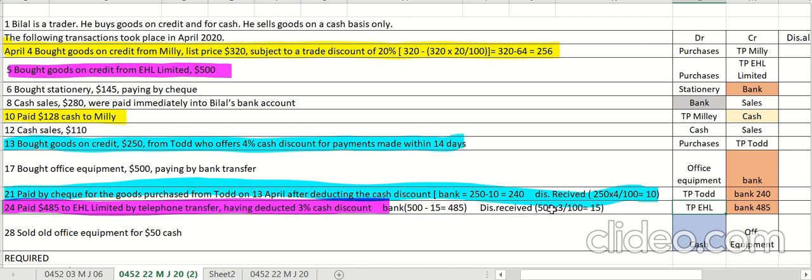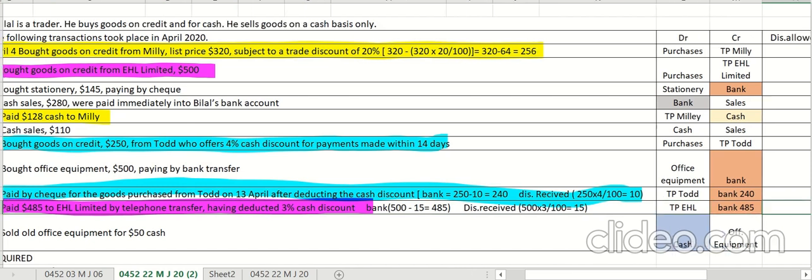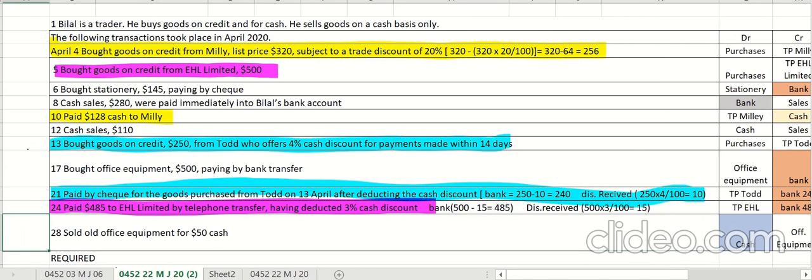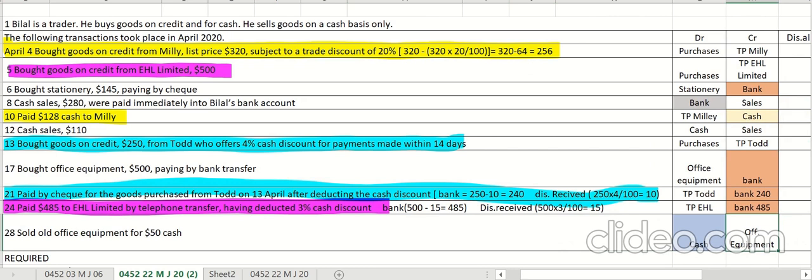How do you know this 500? Because it's the transaction which occurred on 5th. Therefore, TP EHL debit, bank credit 485 and discount received 15. Sold office equipment for $50. So cash debit, office equipment credit.